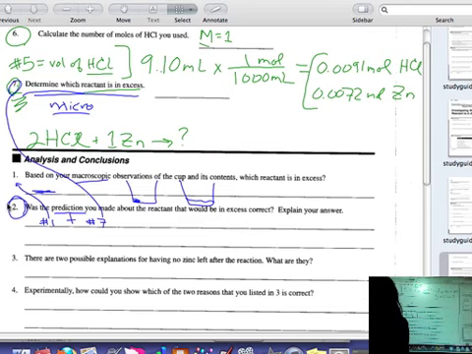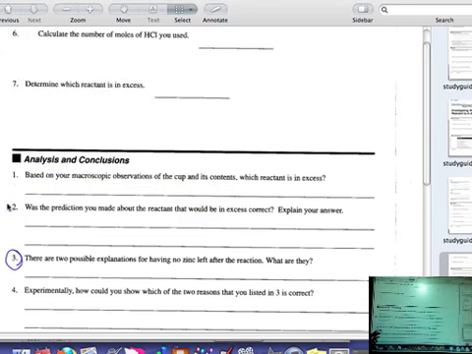So you're talking about 2 possible explanations for having no zinc left after the reaction. One of those being, if we're talking about limiting and excess reactants, if there's no zinc left, then maybe you added too much hydrochloric acid to react all of the zinc.